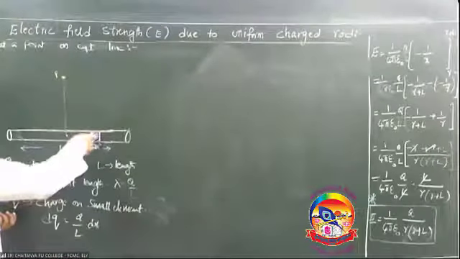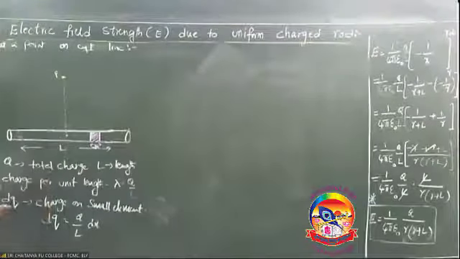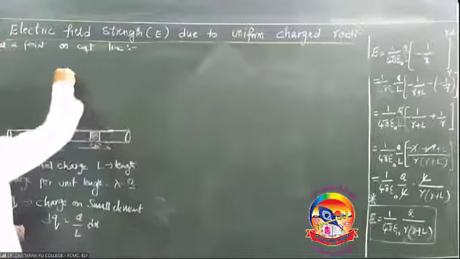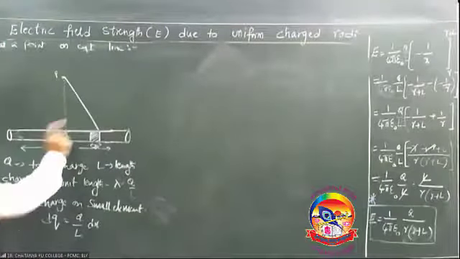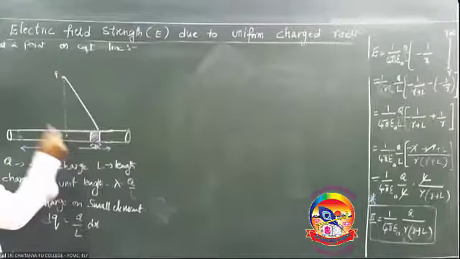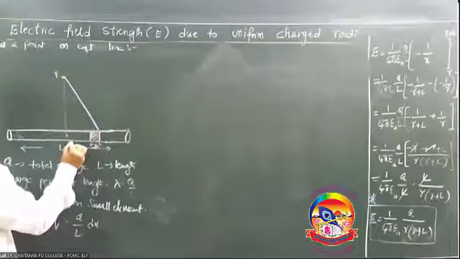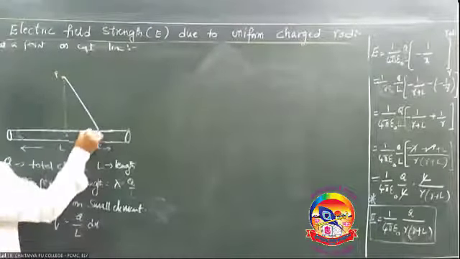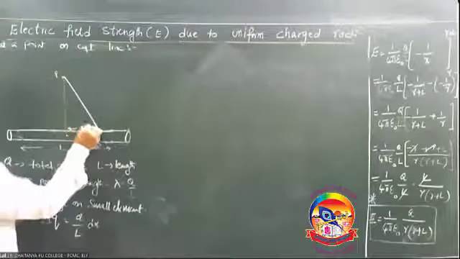What is the intensity at this point due to this small element? We'll find out. Let's take the distances first. From this small element to the center, let this distance be some x.